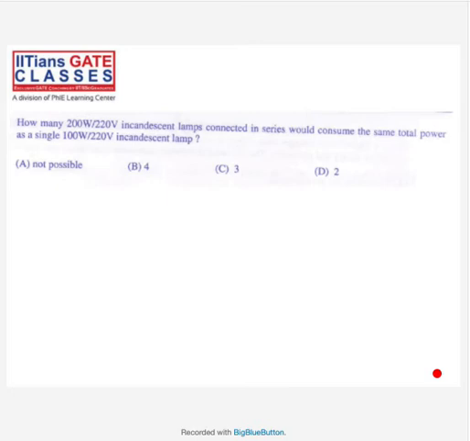So can someone answer this? If you see incandescent bulbs, now people are using LEDs, but incandescent bulbs are rated with watts as well as the voltage. If you connect it to 220 volts, it will consume 200 watts.